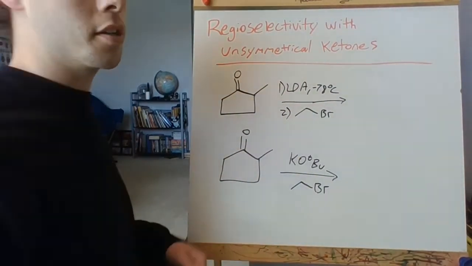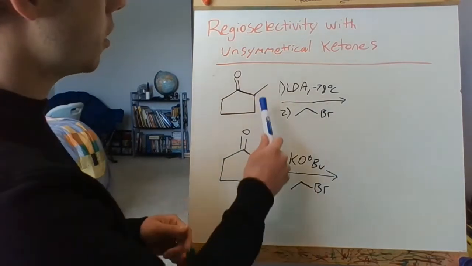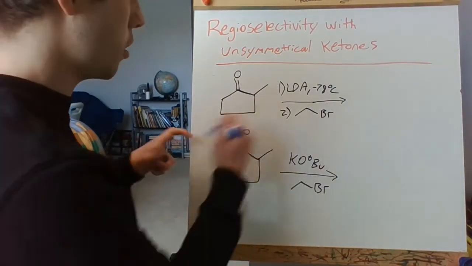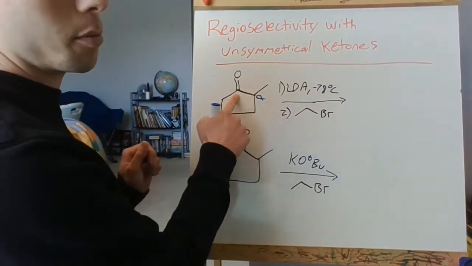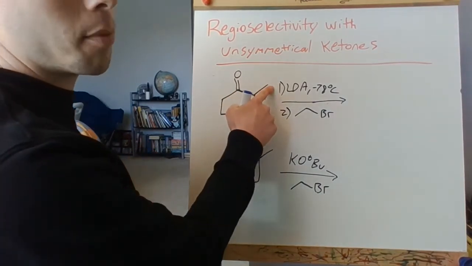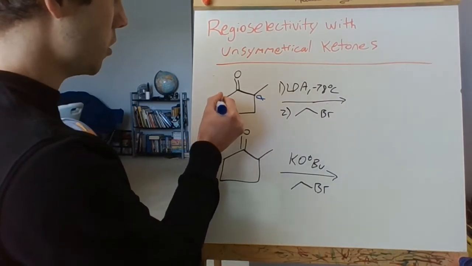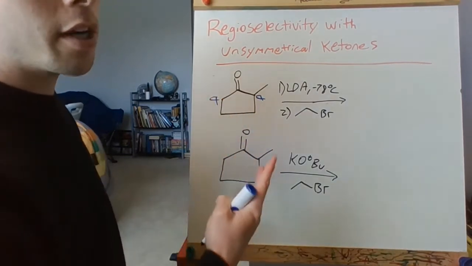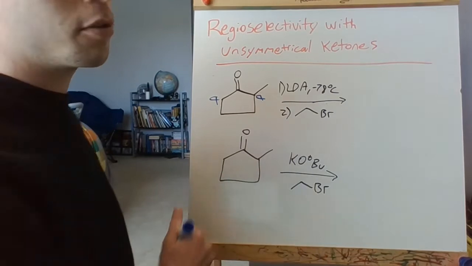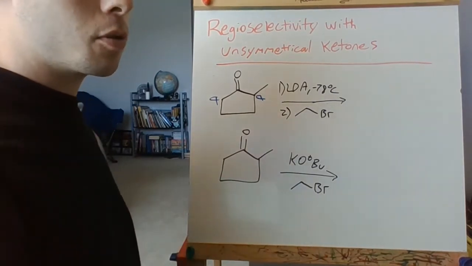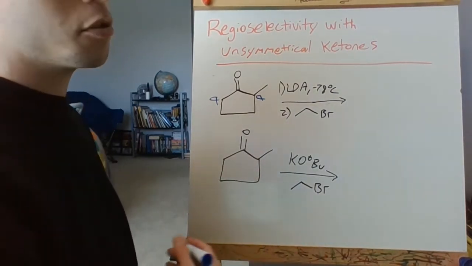And so notice that is an unsymmetrical ketone. This carbon right here, the alpha carbon, remember, because it's next to the carbonyl, has a methyl group coming off of it and only one other hydrogen. This alpha carbon right here has 2 hydrogens coming off of it and no methyl group. And so we have an unsymmetrical ketone, which side is going to react?